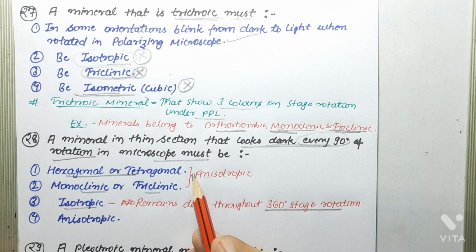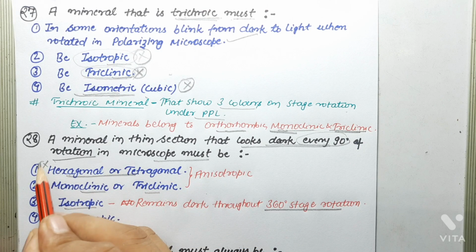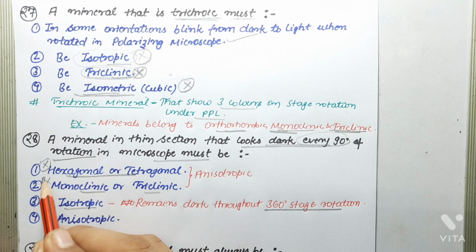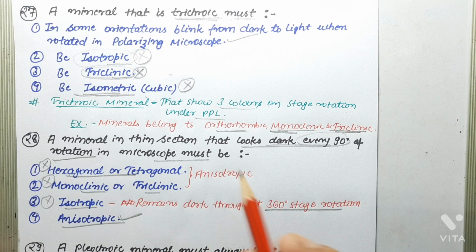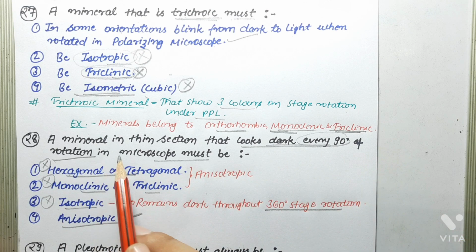So this alone is not a correct answer. Isotropic minerals remain dark throughout 360 degree rotation, so this is not the correct answer. Anisotropic minerals are those in the hexagonal, tetragonal, orthorhombic, monoclinic and triclinic crystal systems. So these minerals look dark every 90 degrees of stage rotation in the microscope. So the correct answer is anisotropic.